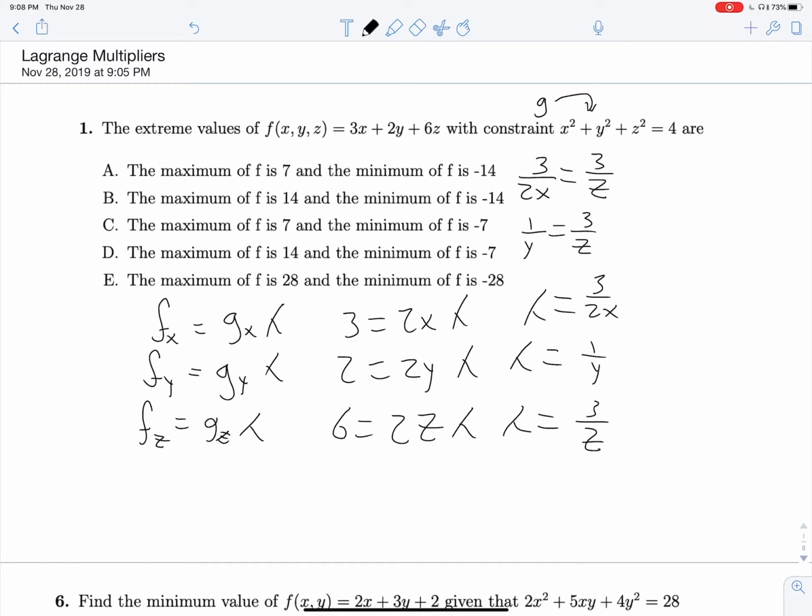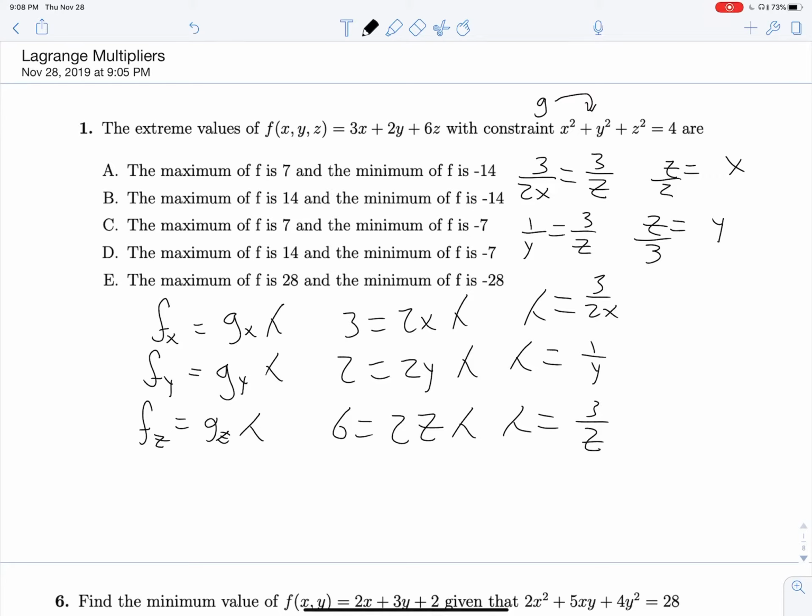So let's solve these in terms of z. Up here we'll get 3z is equal to 6x, or just z is 2x. And over here we will get z is 3y. And in fact, what we'd really like to have is these things in terms of the variable we're going to be replacing. So let's set that up like that.